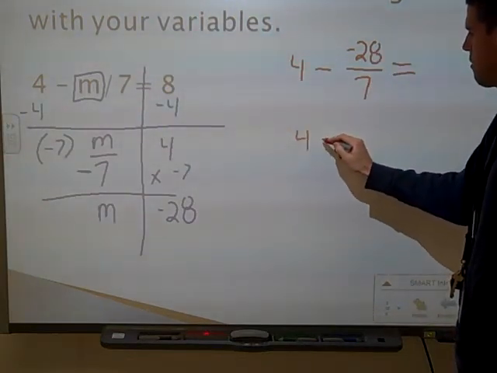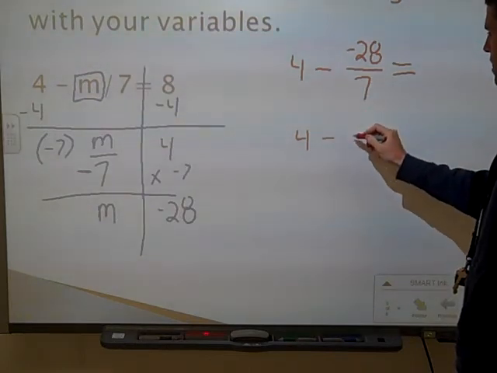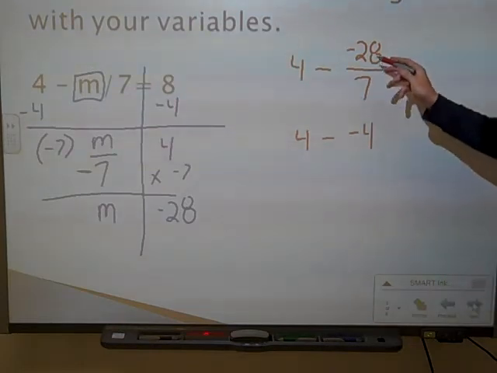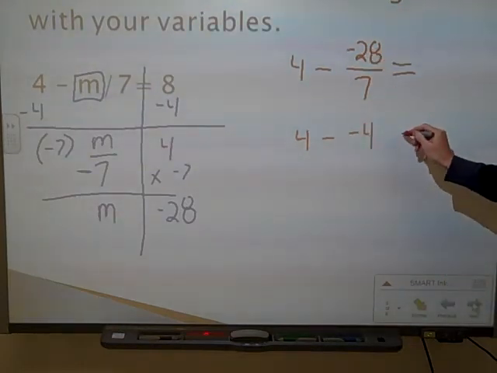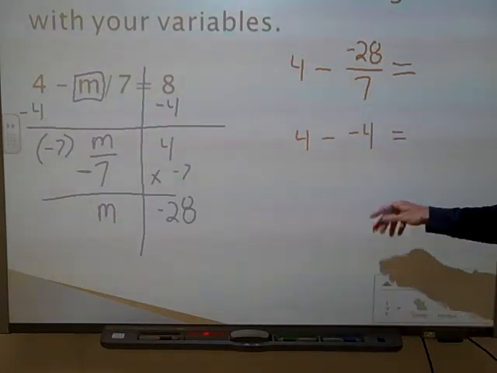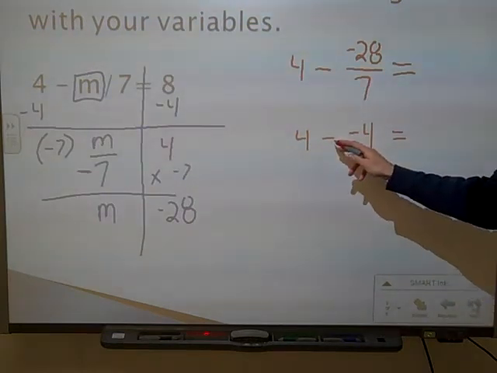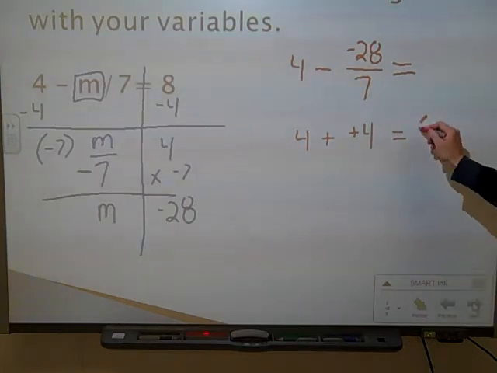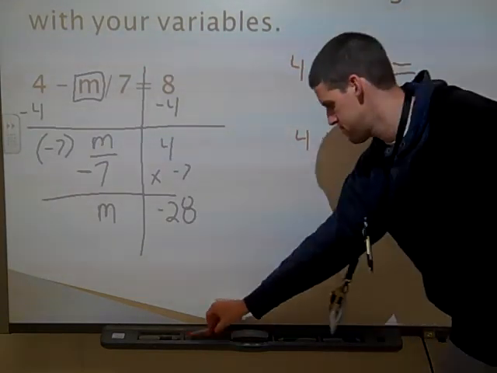So I get a 4 minus, and that is a negative 4, because 7 goes into 28 4 times. And I have 1 negative, so my answer is negative. And I'm going to go ahead and do my integer rules. I cannot subtract, so I add the opposite. So now I have 4 plus 4, and that equals 8. So yes, m equals negative 28.